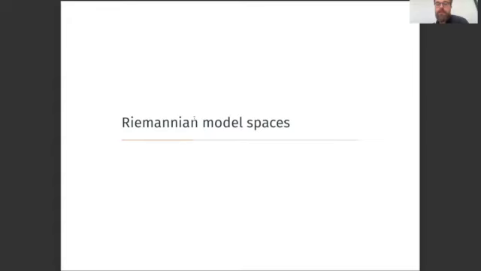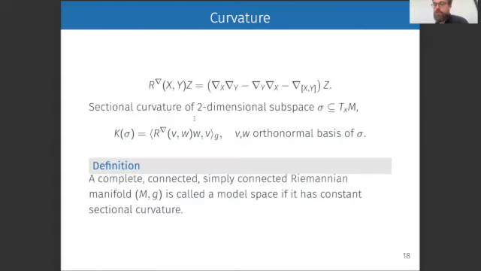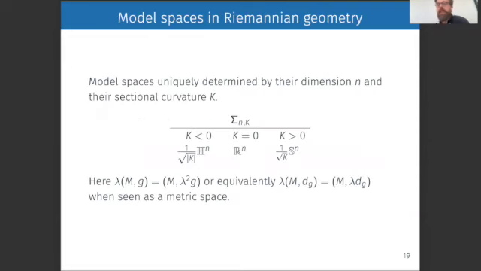Then for model spaces, what we consider the models in this setting are exactly the ones that have constant sectional curvature. That means that this is constant no matter which plane sigma you're choosing. And if you have constant sectional curvature, then up to scaling, there are only three options: there's Rn, there's a sphere, and there's the hyperbolic space.